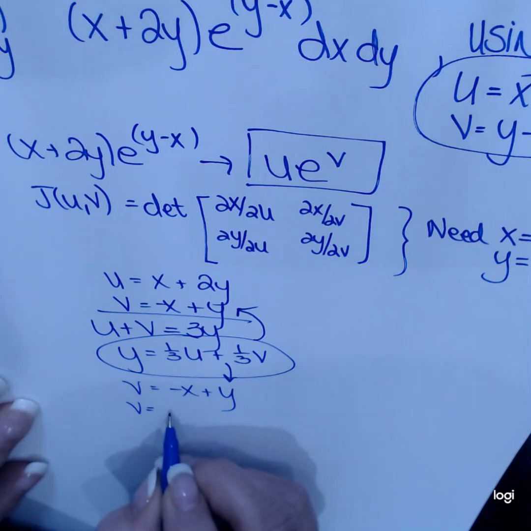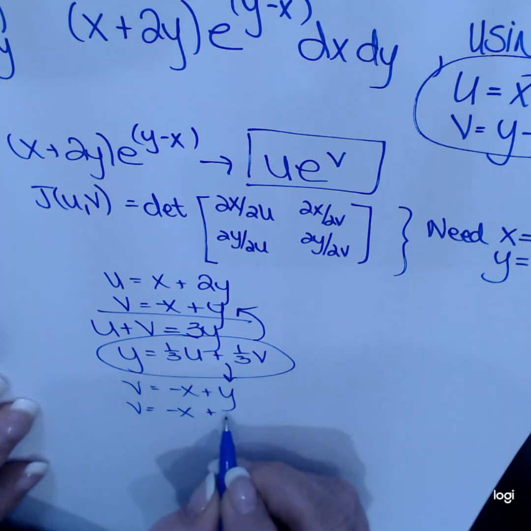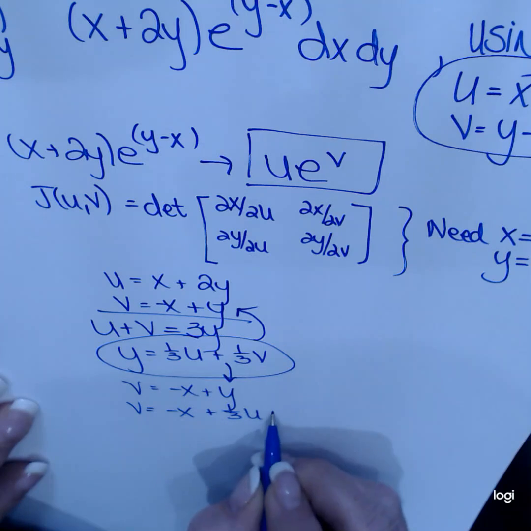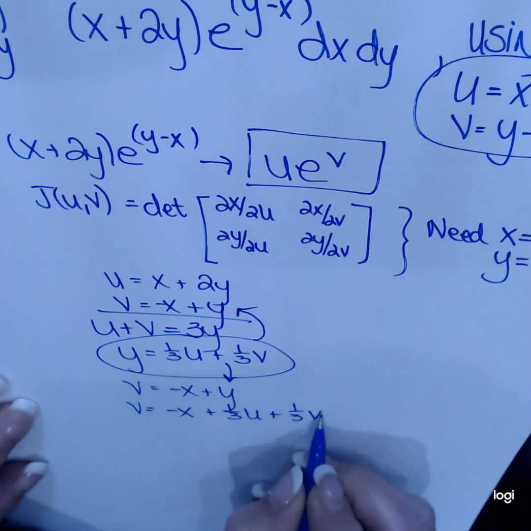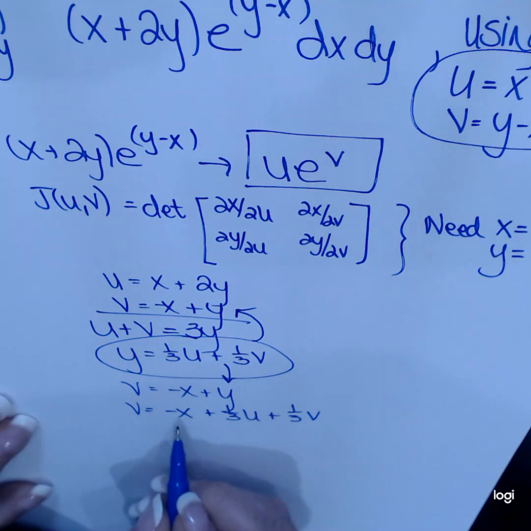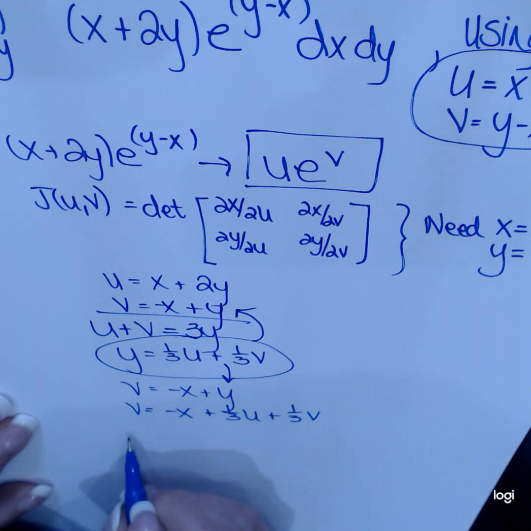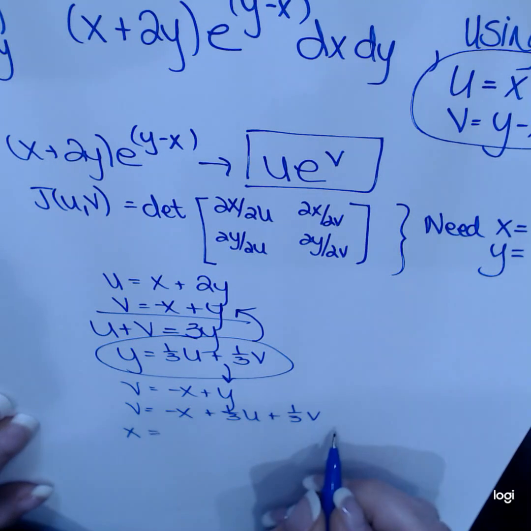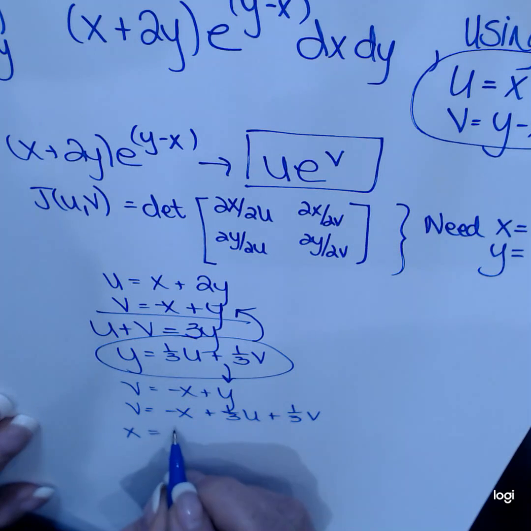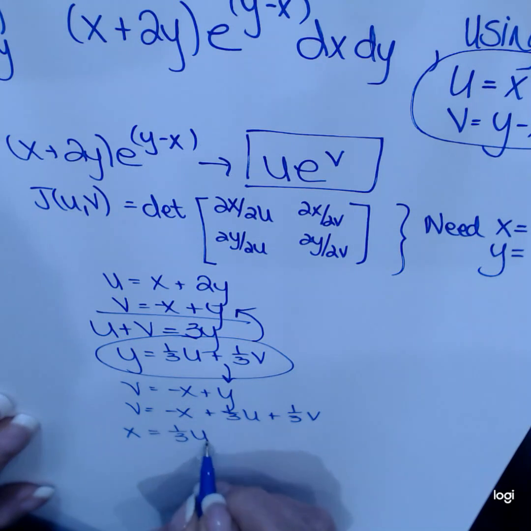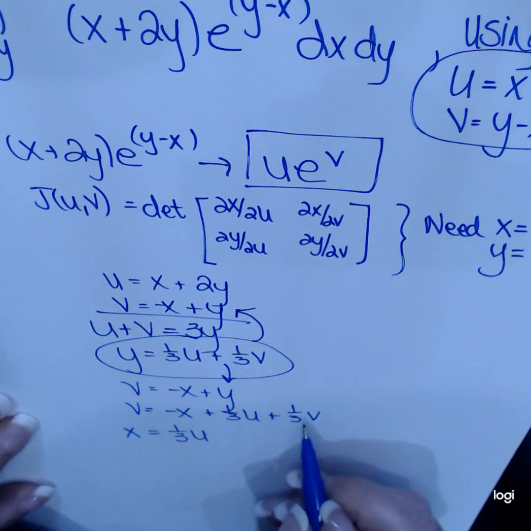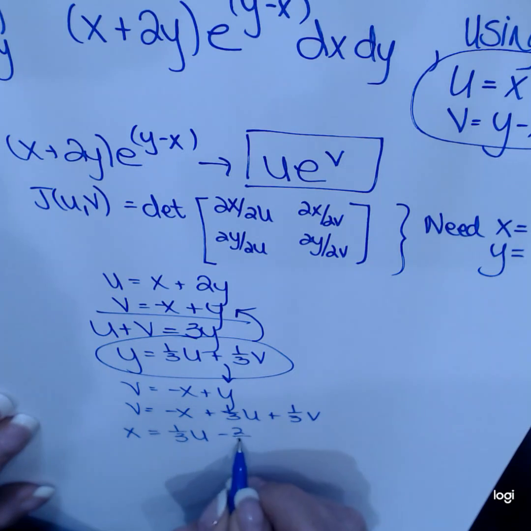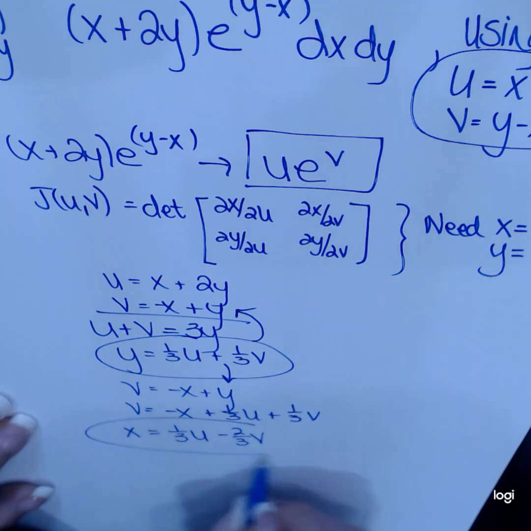So v is going to be a negative x plus 1/3 u plus 1/3 v. Let me go ahead and move the x over to the left-hand side, which will make it positive. And then I'll move the v over to the right-hand side. So that's going to give me 1/3 u. And then 1/3 minus 1 is going to give me a negative 2/3 v.